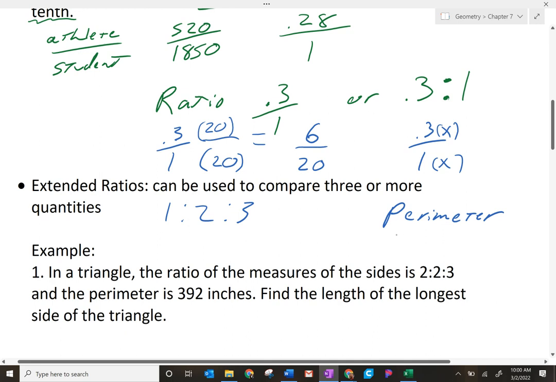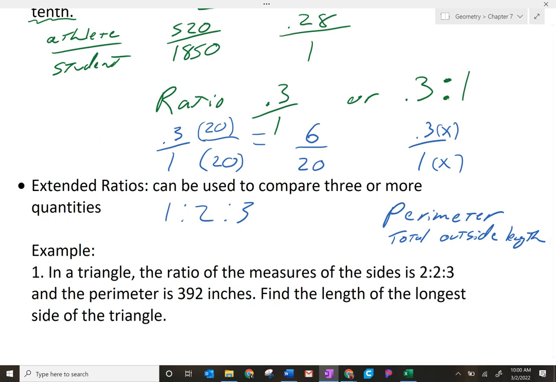Okay, the perimeter is the total length around the outside. Just kind of want to remind you of that once I get to this first example. So again, this is how you write the extended ratios. I'm going to explain how to solve them in a second. Reminder, perimeter is just the total length on the outside.